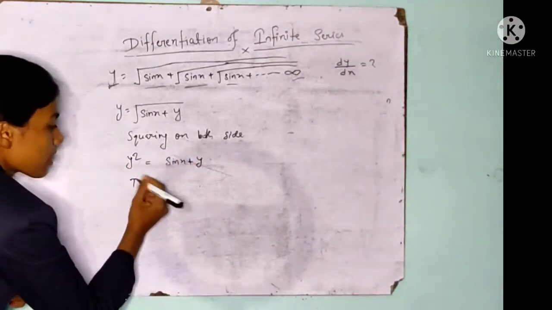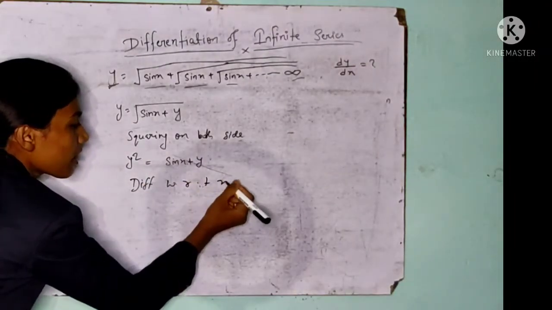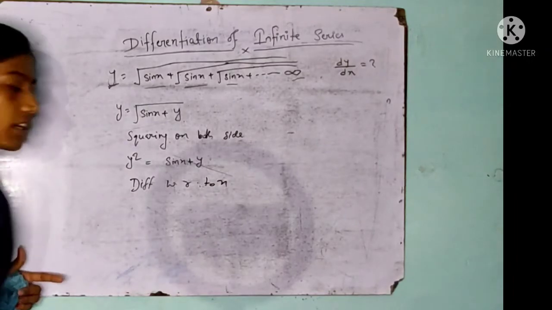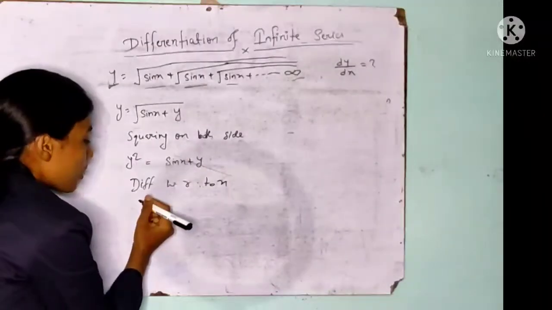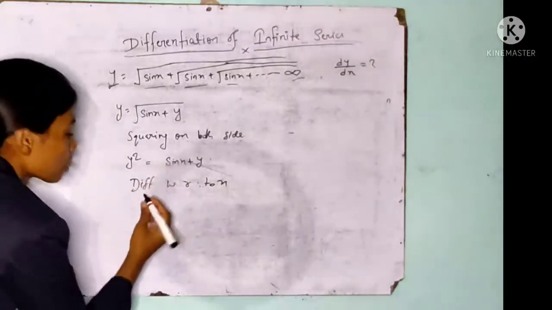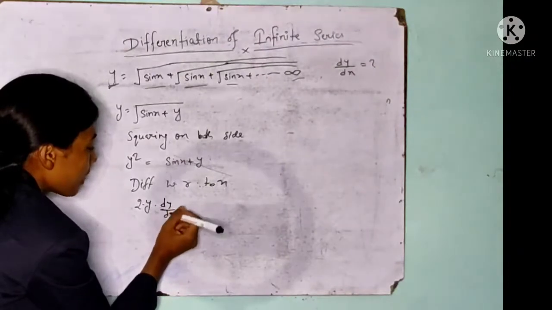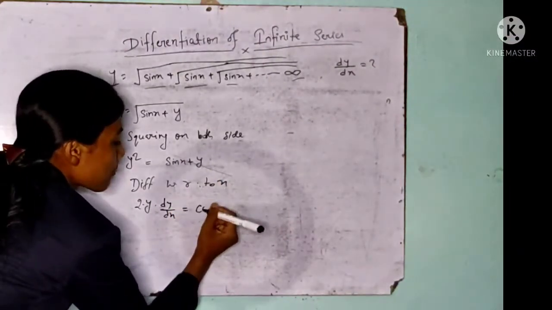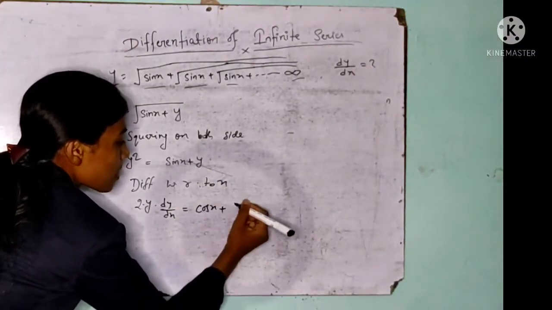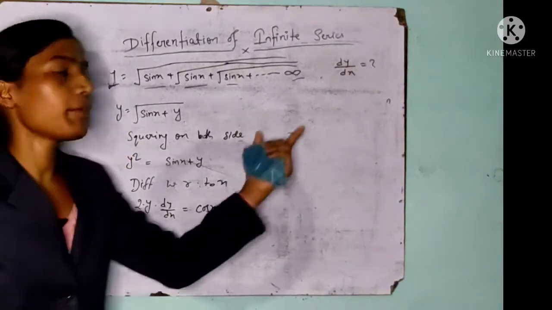Now differentiate with respect to x because we are getting a clear function before differentiating. Differentiation of y square is 2y into dy by dx, is equal to differentiation of sin x which is cos x, plus dy by dx. We need to find dy by dx.